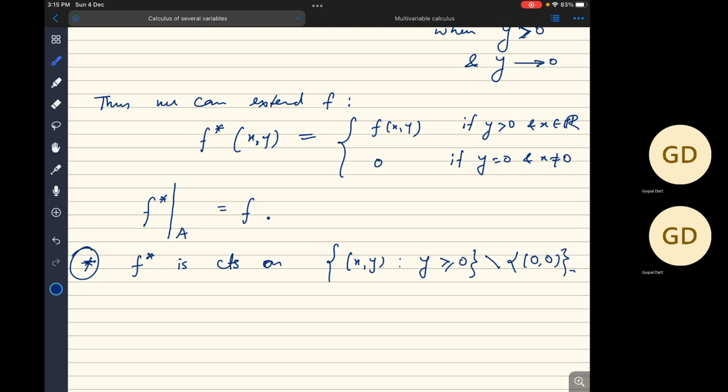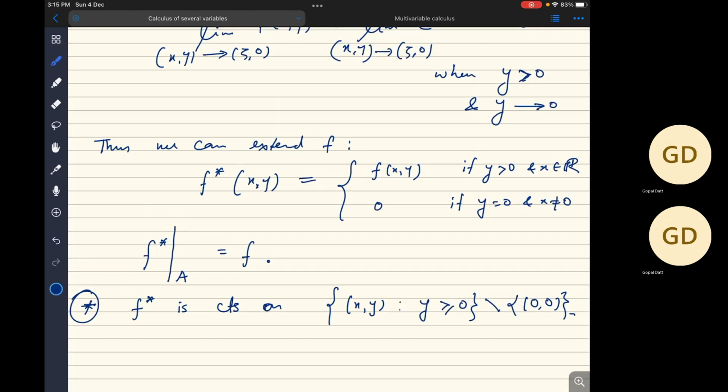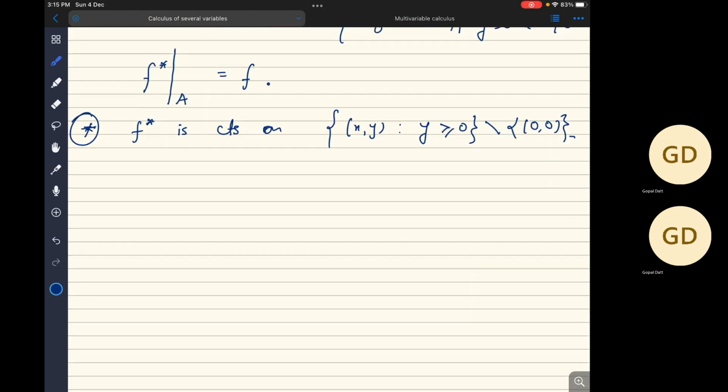So what about the point origin? What about the point 0, 0? So can we extend f to the origin as well? So let us see.